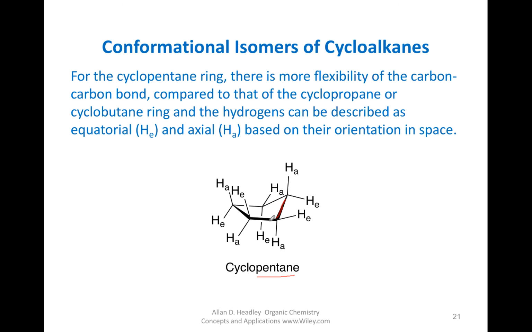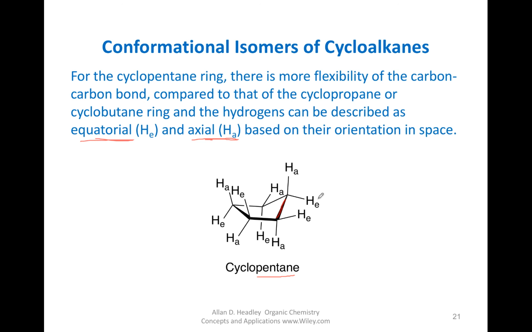And if you look at it closely, you'll see that you can describe the hydrogens as axial, HA, or equatorial, HE. Remember that the equatorial is on the same plane around the ring, and the axial is sticking up and below the plane.